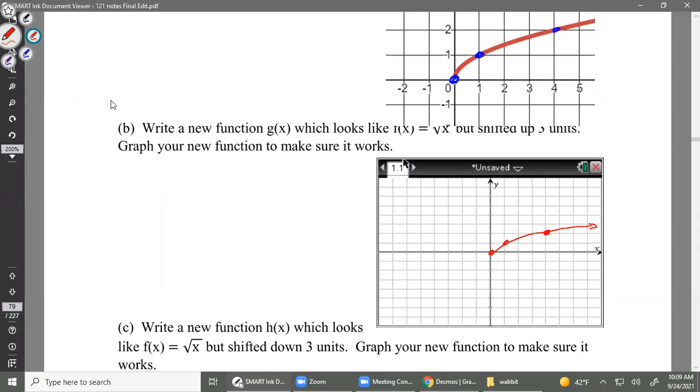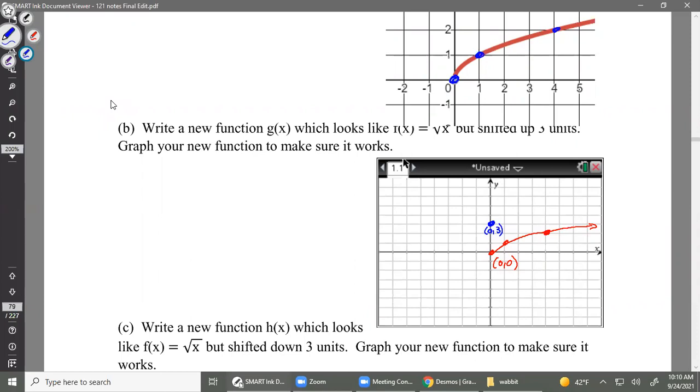And so graphically, what this looks like, we had the point (0, 0), and now I want to move that up 3. So I'm going to have the point (0, 3). And I have the point (1, 1), and I'm going to want to pick that point up, move it up 3 and plop it back down.